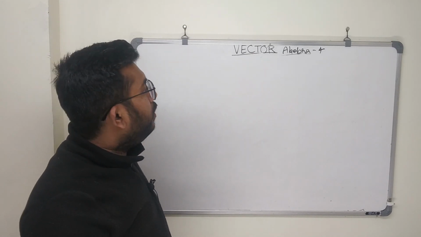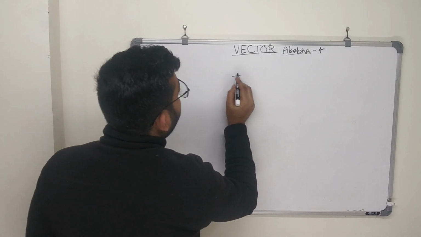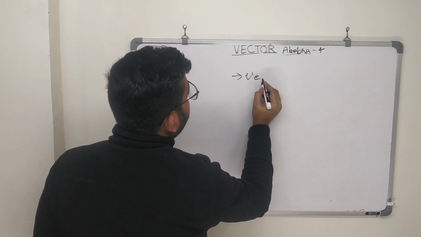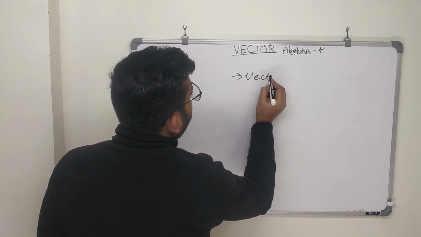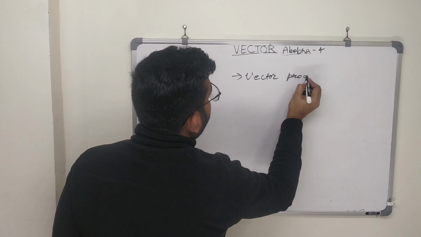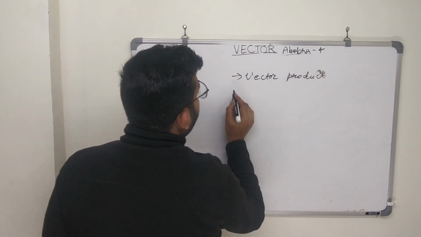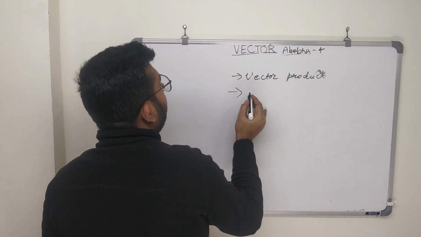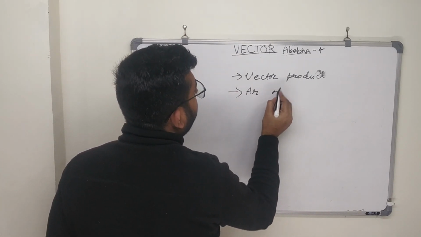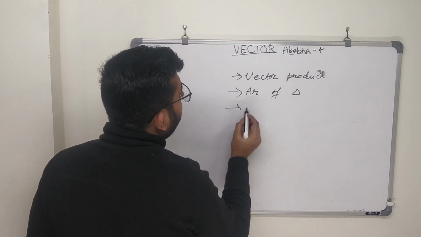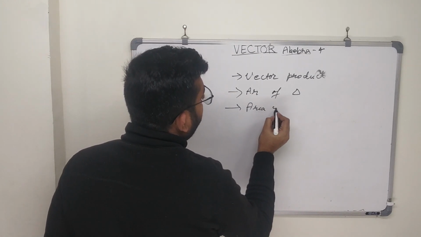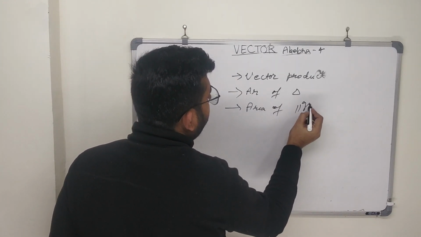So in this video lecture we covered vector product, or you may call it cross product, and its properties, and then we covered area of a triangle, and then area of a parallelogram.